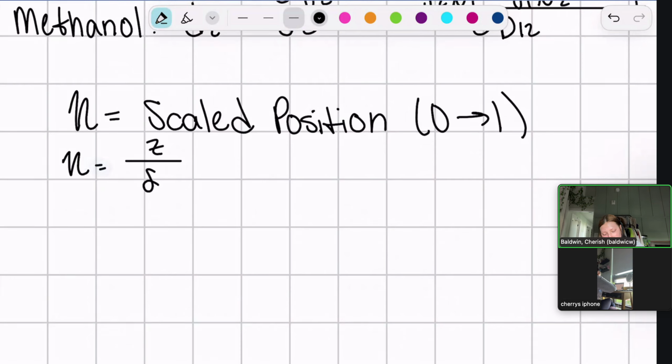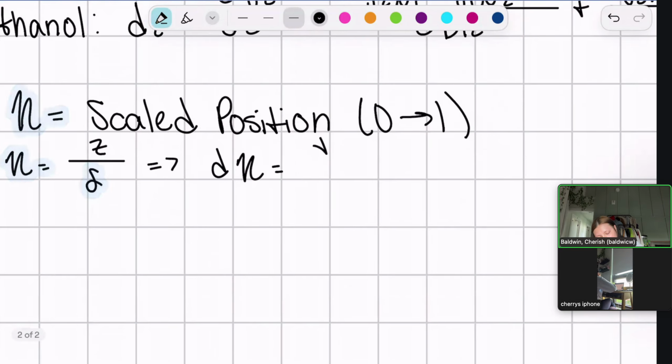So then we take the derivative of the scaled position over our actual position over the tube length.